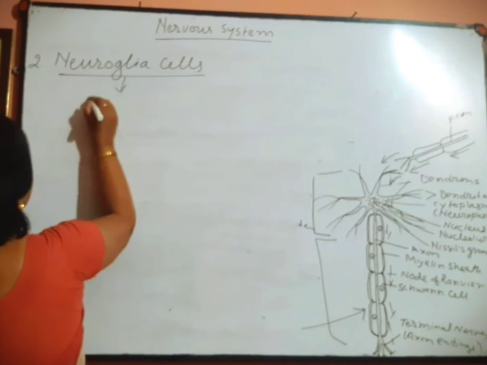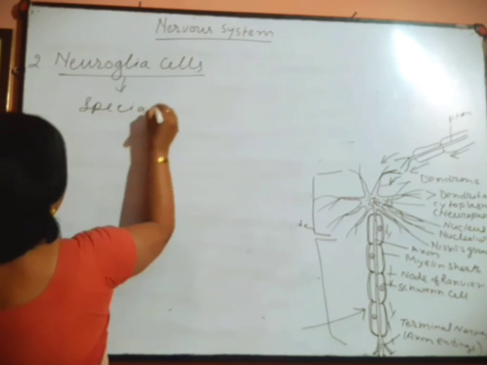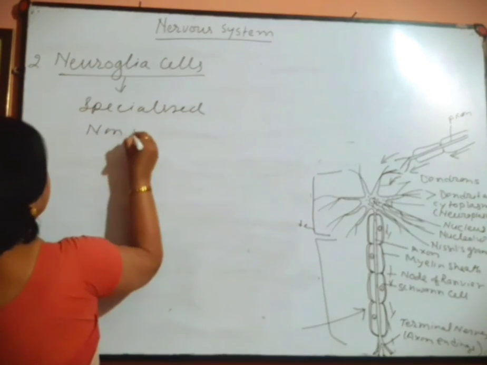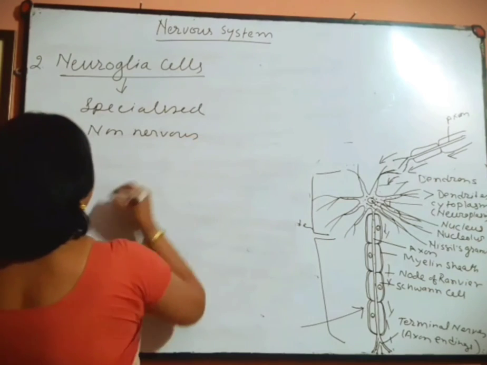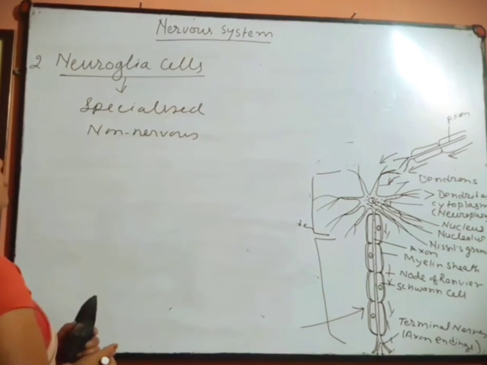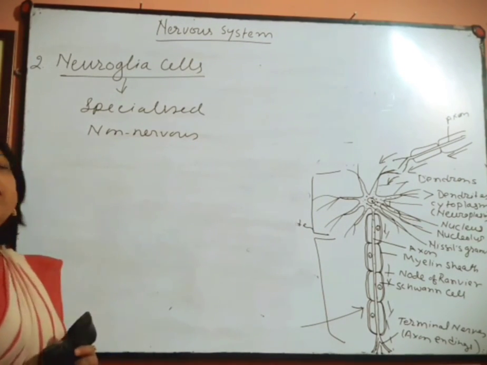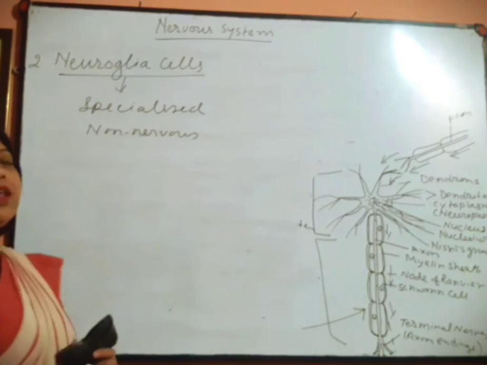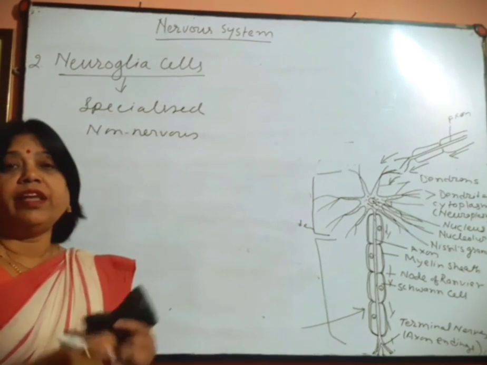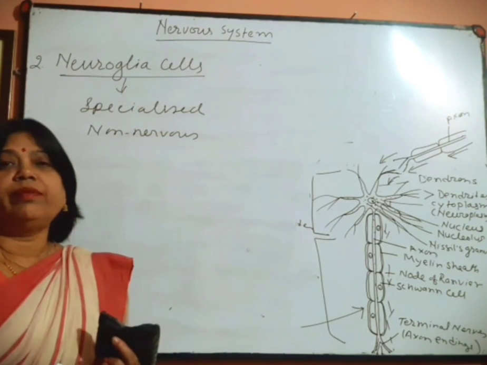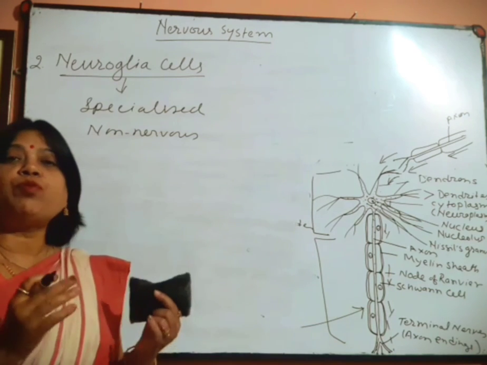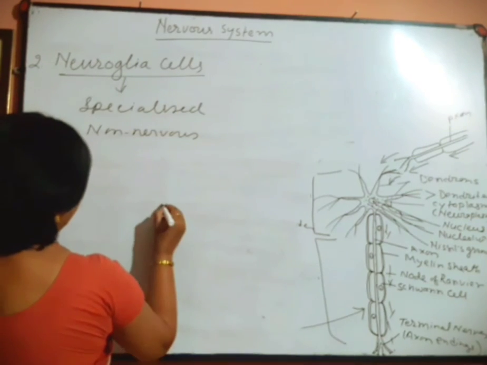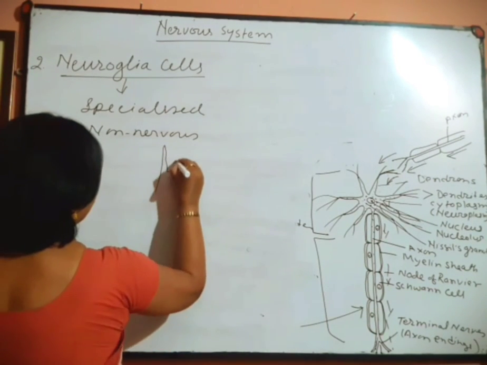These cells are specialized and non-nervous. And the number of neuroglia cells is abundant. They are 10 times more than neurons. And the diagram is like this.